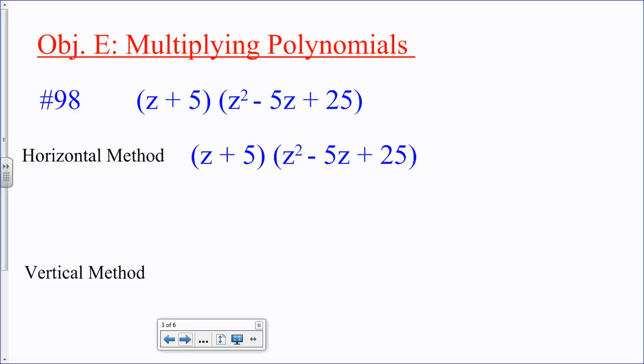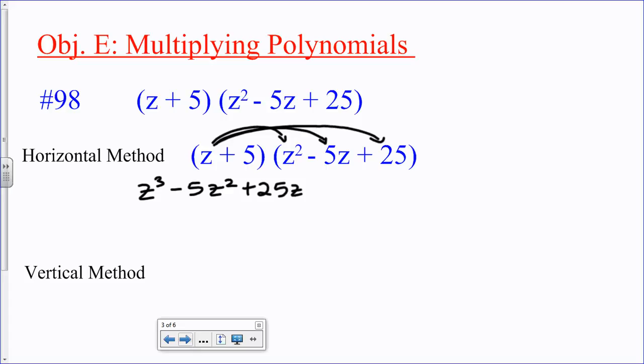So I'm going to start off with the z, and I'm going to distribute to every term in that trinomial. So z times z squared is z cubed. Z times negative 5z, negative 5z squared. And z times 25, 25z.